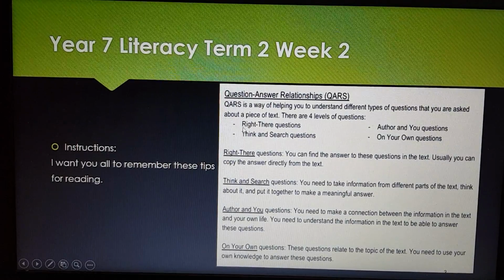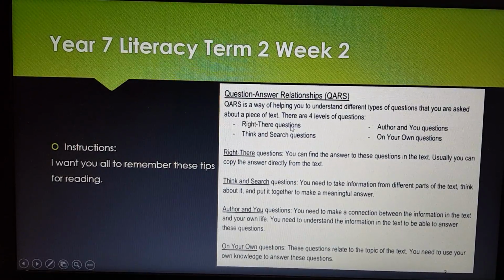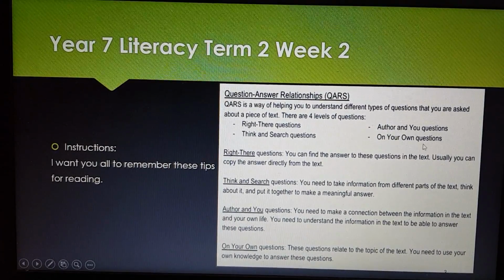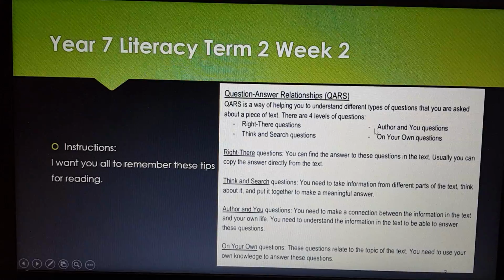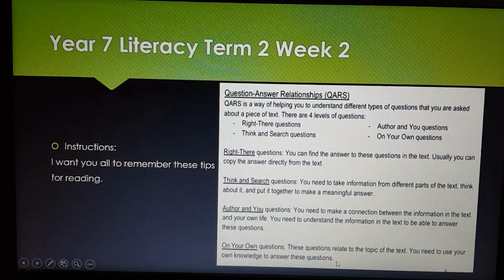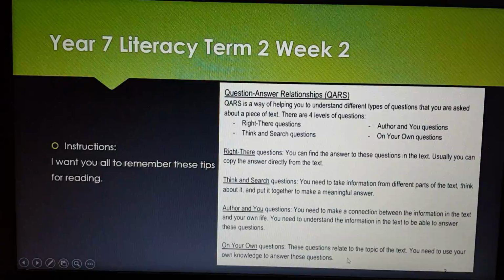There are the right there questions. Then there are the think and search questions. Then there are the author and you questions. And then there are on your own questions. Now, if you have to refresh your memory of what each one of those means, the definition is listed below there.